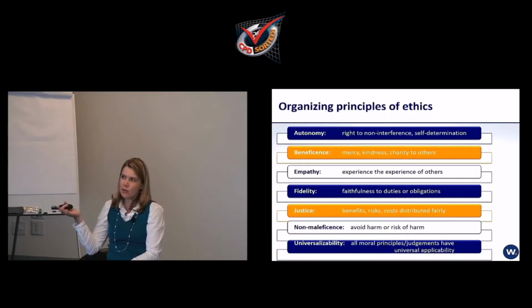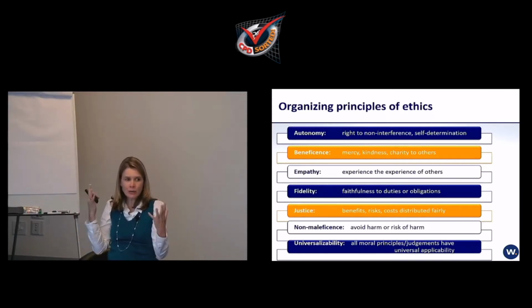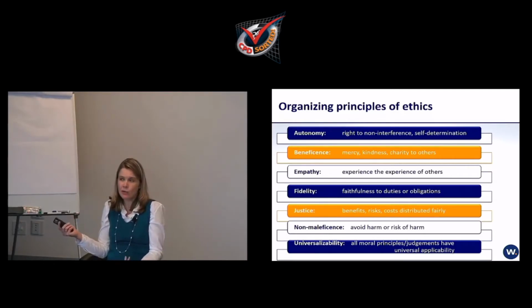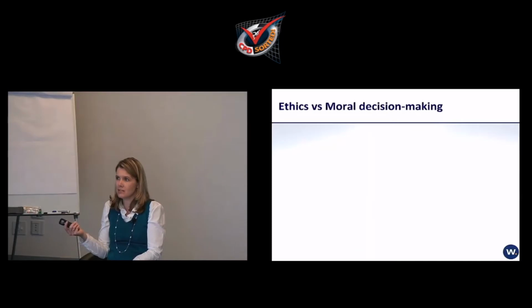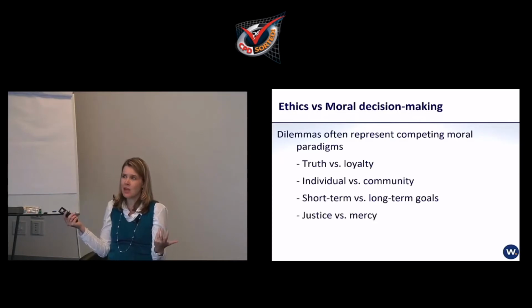If you look at all of these, they're all important: autonomy, benevolence, empathy, justice. Remember, when we have those two choices, how do we decide which one is more important versus the other? That is an ethical or moral decision that we have. So it becomes competing moral paradigms, and then how do we make a decision?